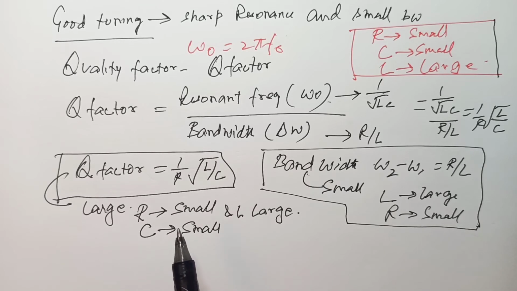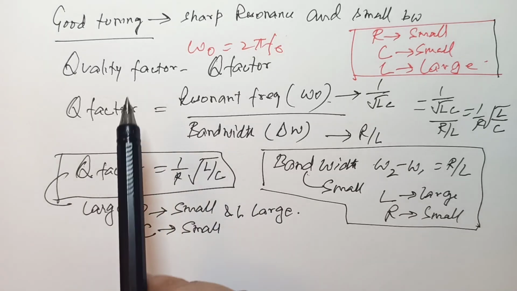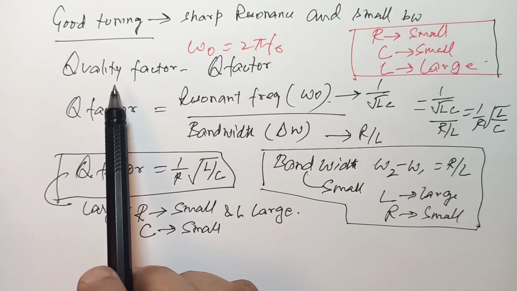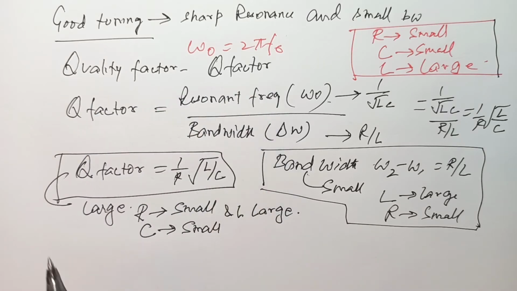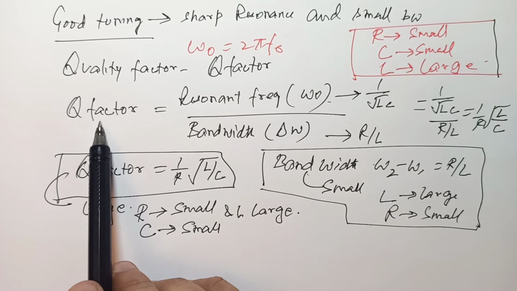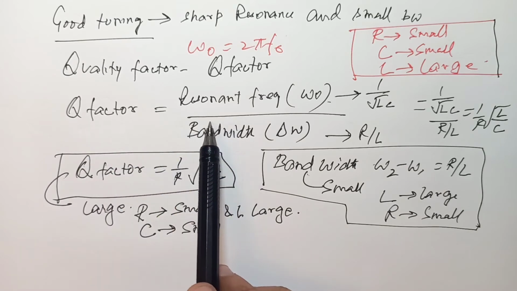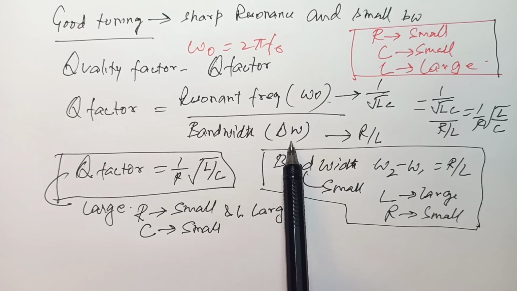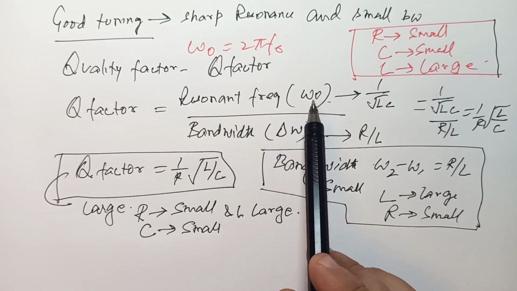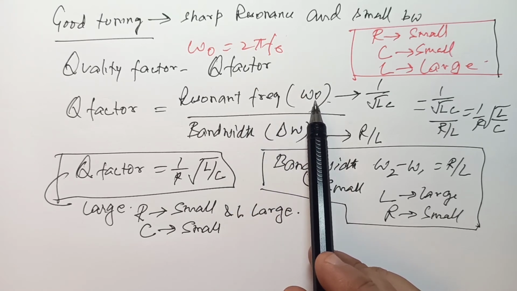Okay, so let's move a bit ahead, and here you will note that we are introducing one new term which is called quality factor or Q factor. Remember, Q factor as written here is equal to resonant frequency by bandwidth. Now resonant frequency is denoted by omega naught.